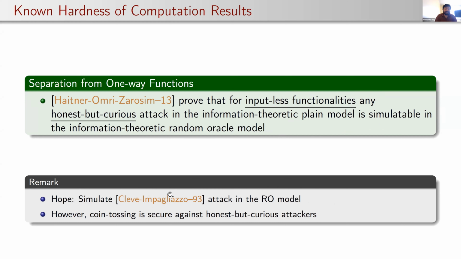So this gives hope that maybe we can implement Cleve and Impagliazzo's attack on coin tossing protocols. However, observe that this result holds only for semi-honest adversaries, that is, honest but curious attackers. And there are no honest but curious attackers on coin tossing protocols. So this hope was very short-lived.